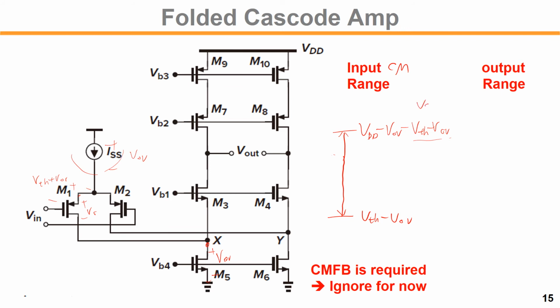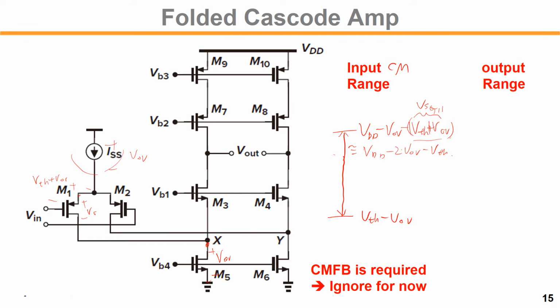This is the VSG of the M1. So approximately VDD minus 2 overdrive minus VTH, right?